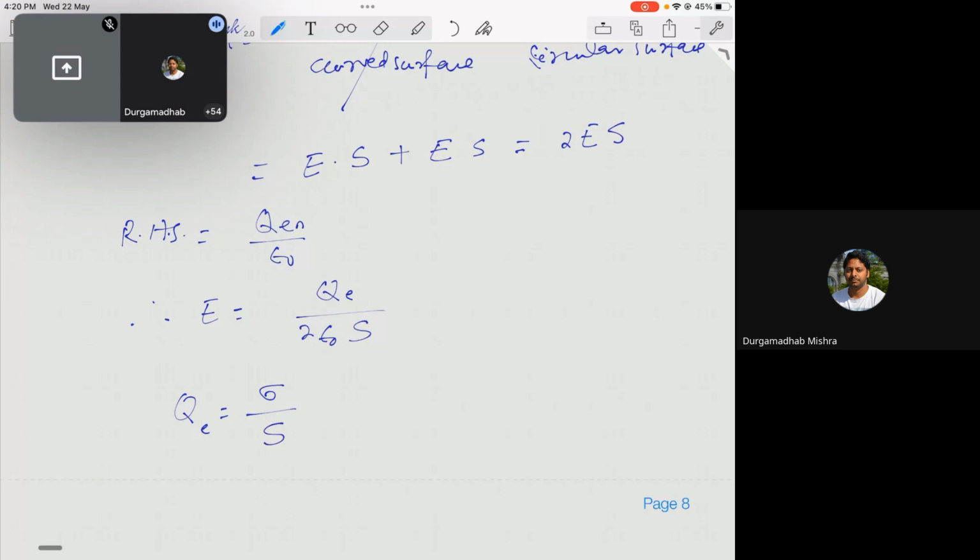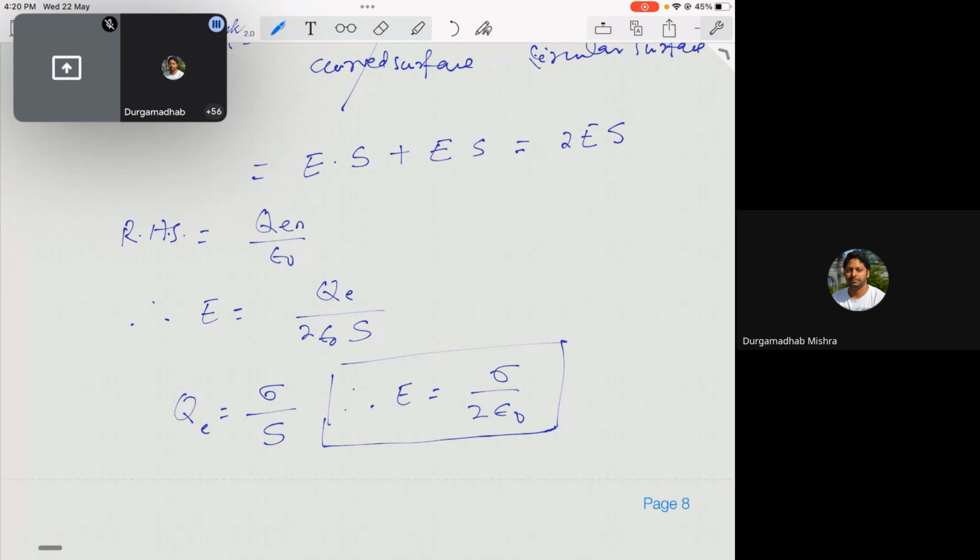So this is sigma by S, and the electric field will therefore be sigma by 2 epsilon naught. So this is a very simple formula that we obtained for a sheet with a uniform charge distribution.